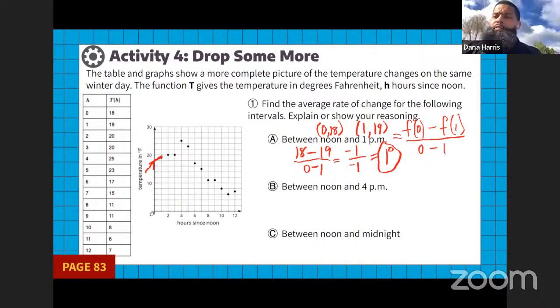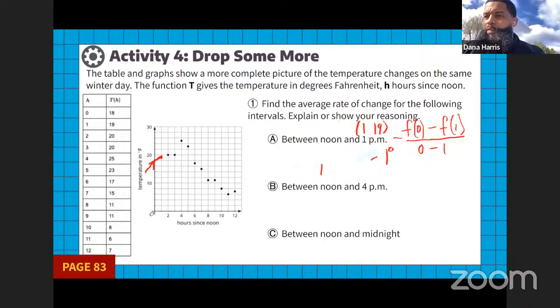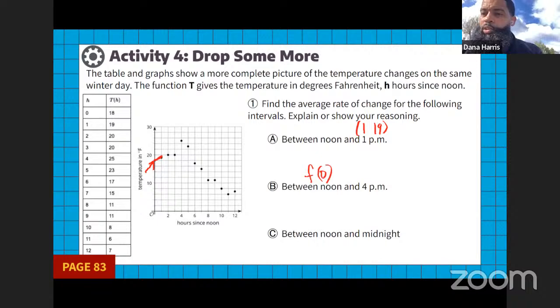We're going to do the same thing for part B, between noon and 4 p.m. Okay, so let's erase this because I don't want to clutter this information. I don't want to confuse you all. All right, so when we look at the ordered pair for noon, we have f of 0, and then we have f of 4.